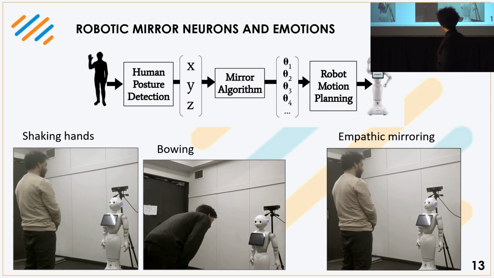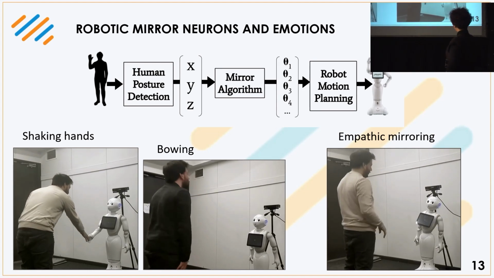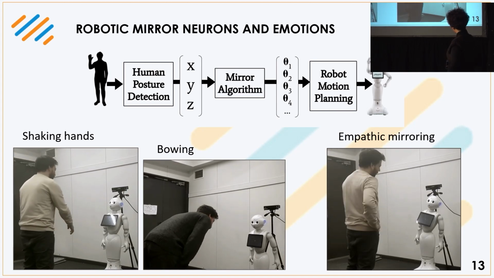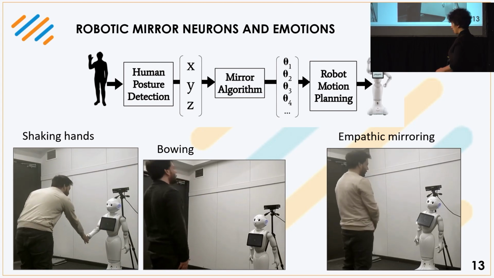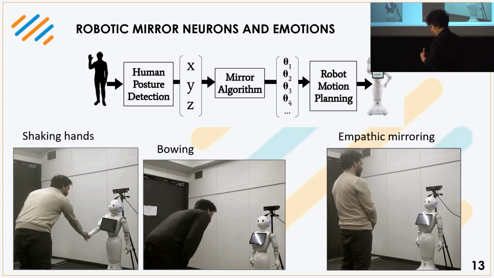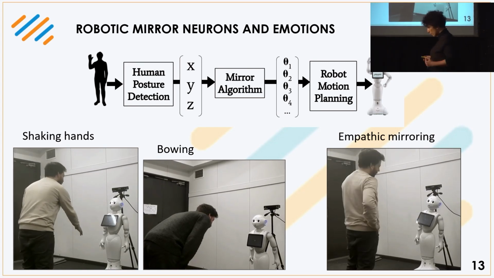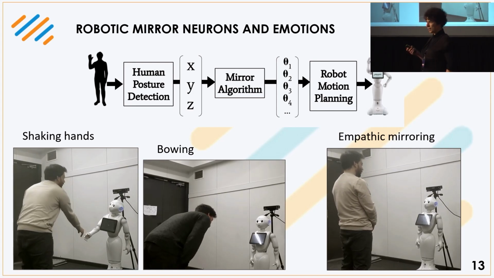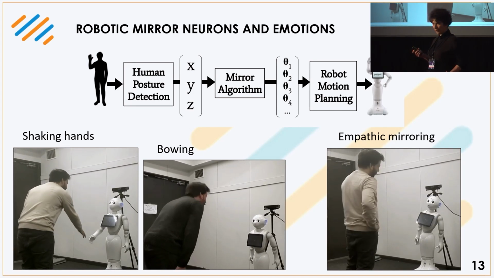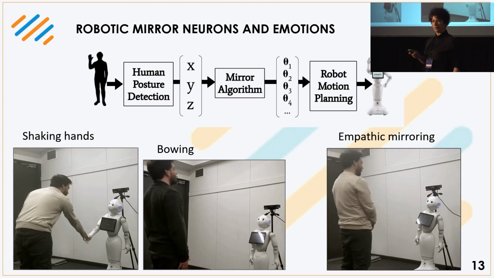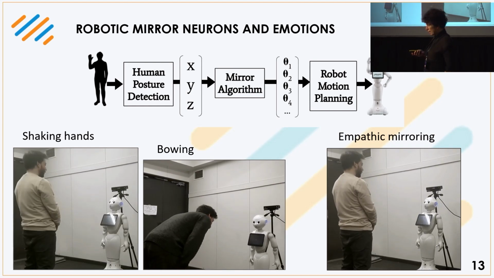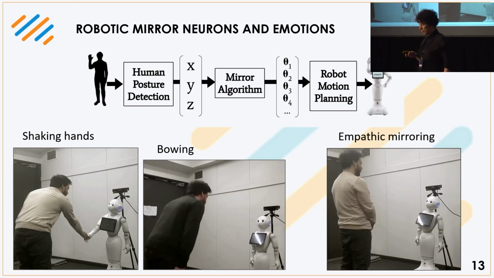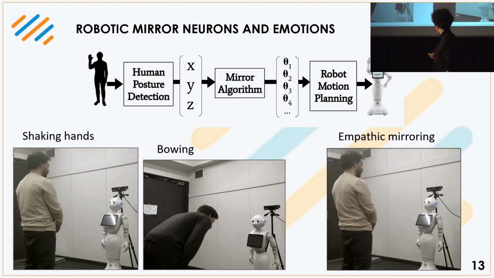But in more free interaction, where, for example, the robot would mirror the posture of the person that was standing here, or also go closer or remove themselves a little bit, this was not really well perceived. Actually, some people really preferred a static robot to this robot. And this was really a problem for us, because we didn't know exactly what to do about that.